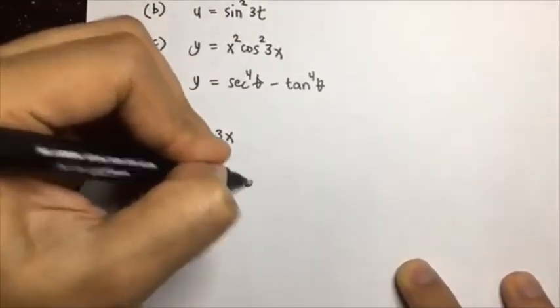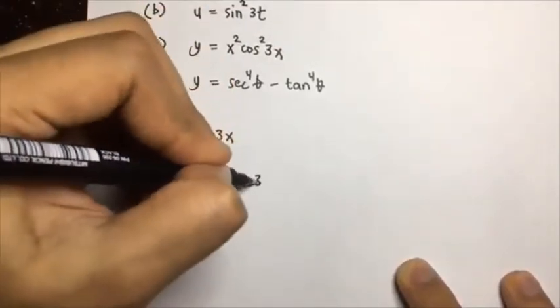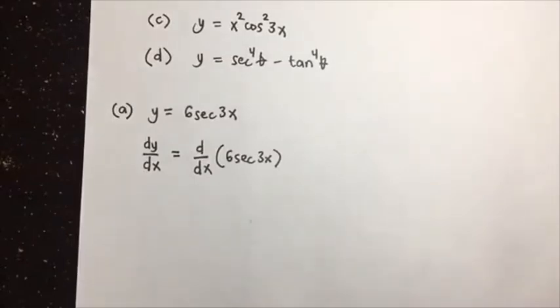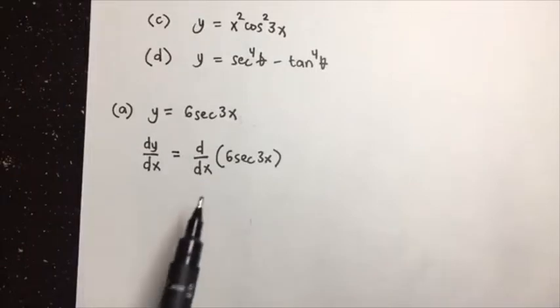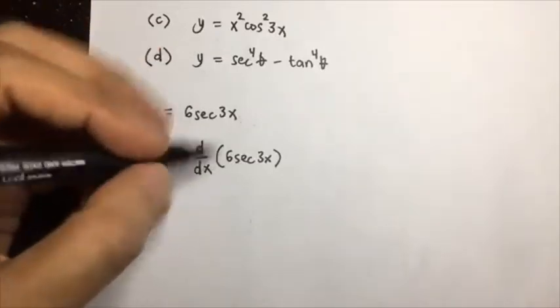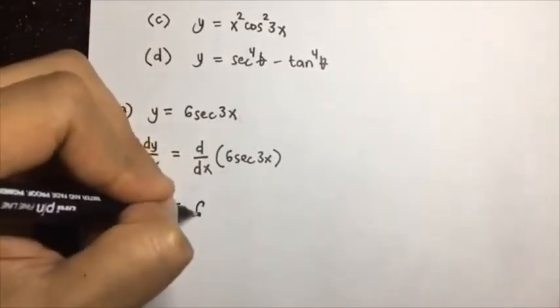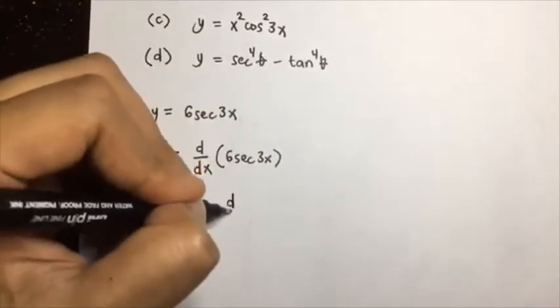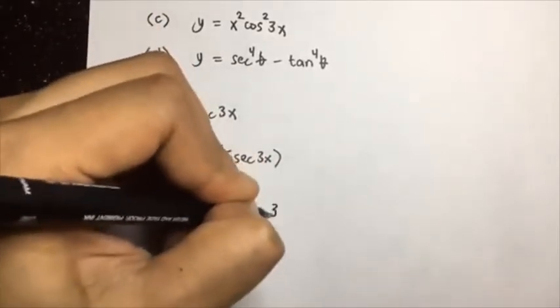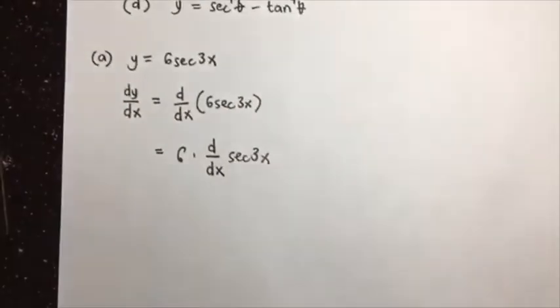Recall that if we have a numerical coefficient, we can take that out of the differentiation. So this will become 6 multiplied by the derivative with respect to x of secant 3x. This is a direct use of the formula.